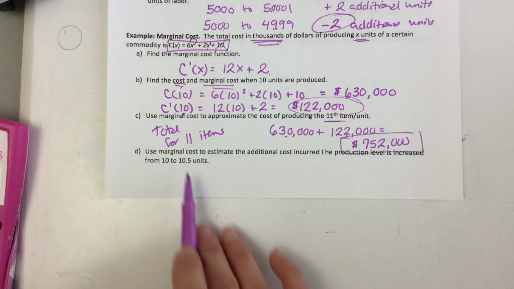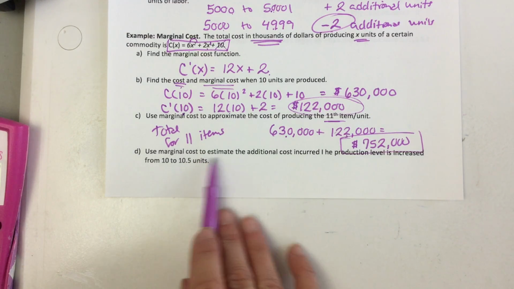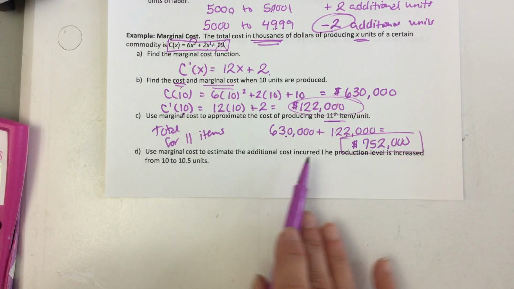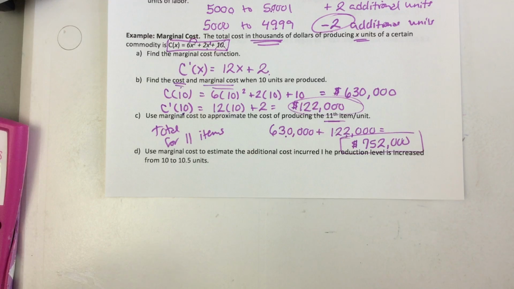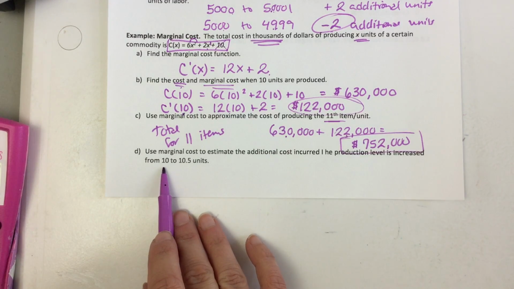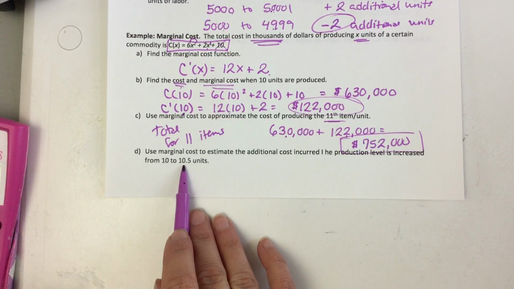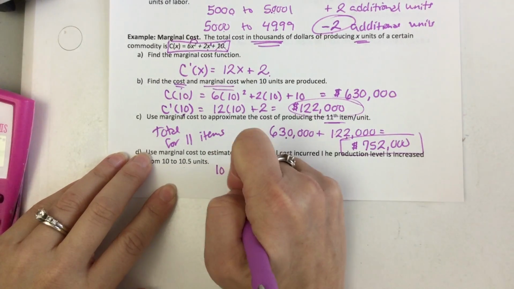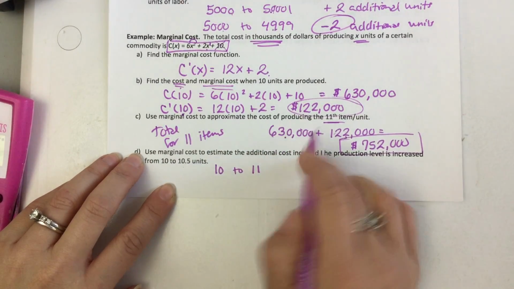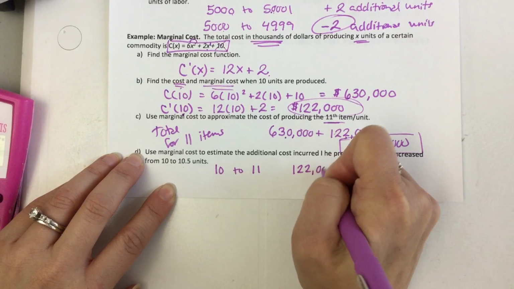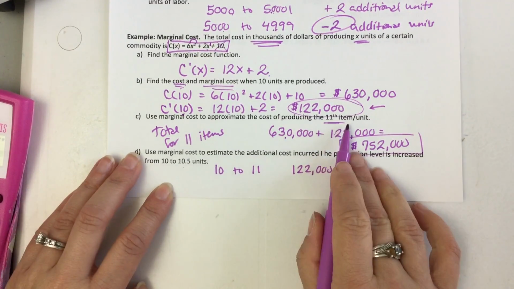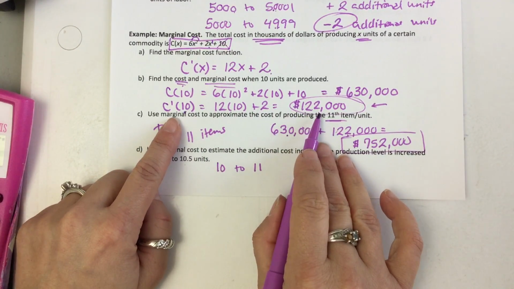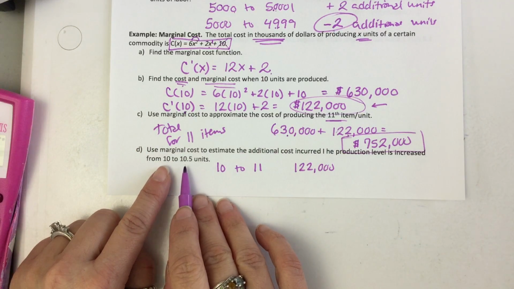Use marginal cost, so that's the first derivative, to estimate the additional cost incurred if the production level is increased from 10 to 10.5. Okay, so if I go from 10 to 11, it's 122,000 because that's marginal cost, right? This means you're going up 1 unit. Well, they're like, we don't know if we can actually go up 1 unit.